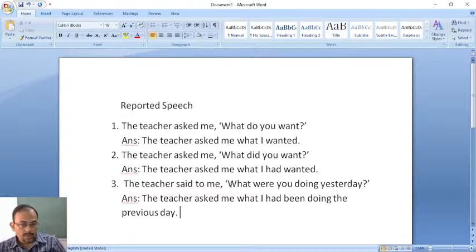Because I told you, in an interrogative sentence, always remember, dear students, first the connector will come. If it is what, if it is how, it will come here, and then subject will come, then helping verb, then the main verb, right? So this interrogative sentence should be written in the assertive structure in reported speech. Do not write what had I been doing. You write what I had been doing. And yesterday becomes the previous day.